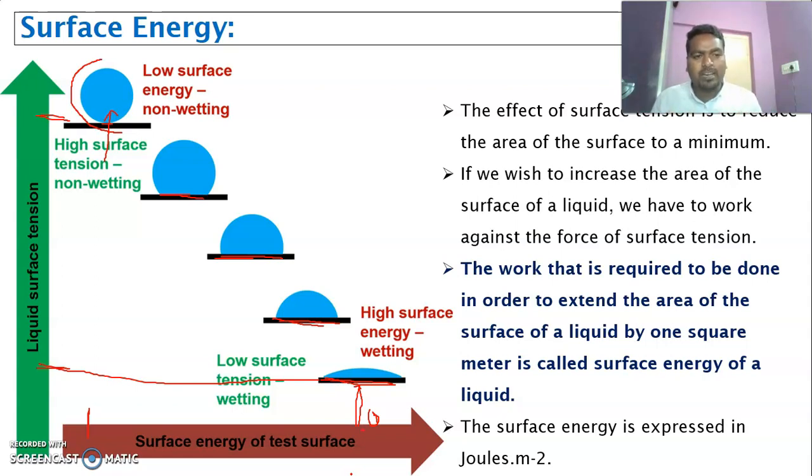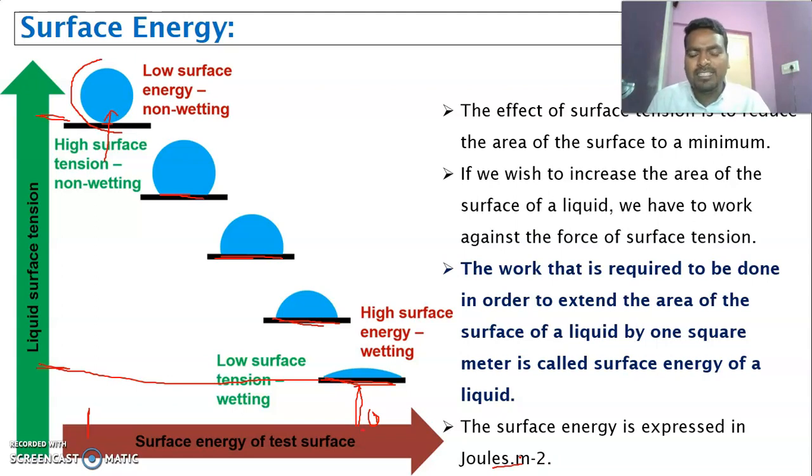This is called the amount of energy required to minimize the surface tension or to increase the surface area. This is called surface energy. Usually surface energy can be expressed in terms of joules per mole.